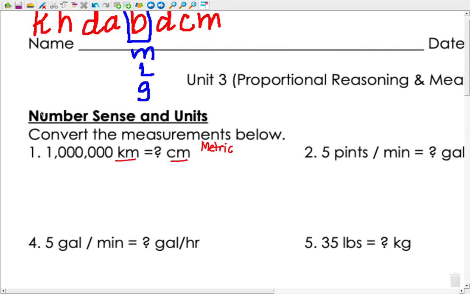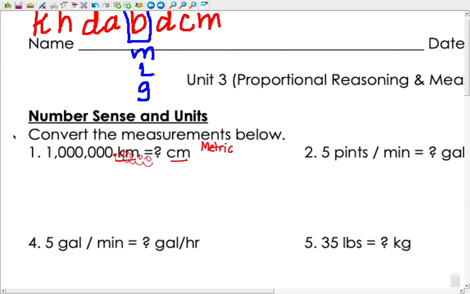This is going to be a large number because it's already at a million. And if I'm moving 5 places to the right, well, the decimal's right here, so 5 places over is going to give me 5 more zeros. 1, 2, 3, 4, 5. Add those zeros.